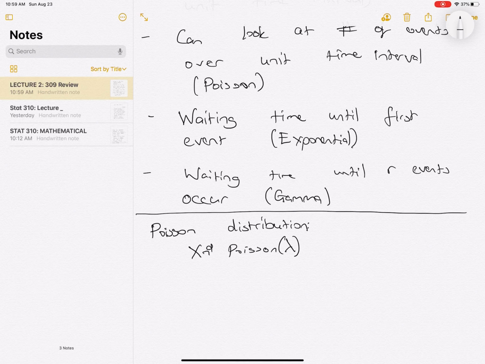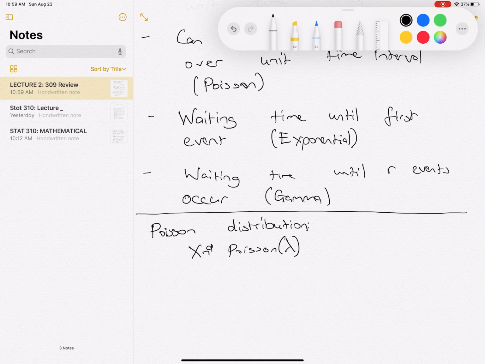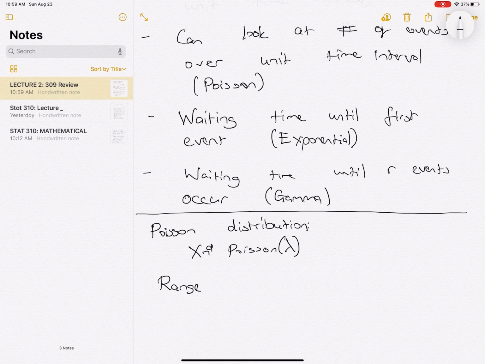So lambda is the rate, or the average number of events over that unit time interval. So the range here again is just the integers 0 to infinity. You could have no events, one event, two events, and so on.